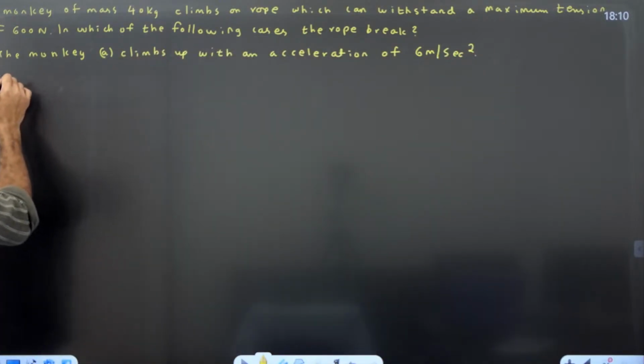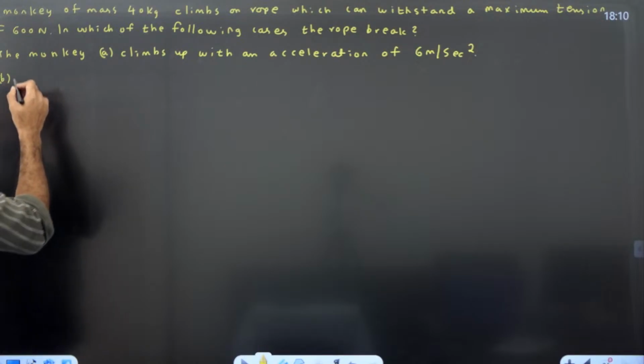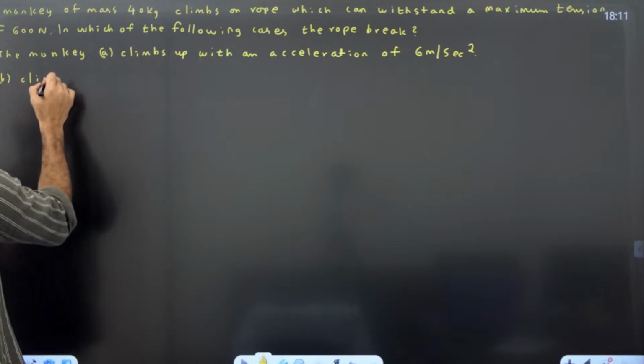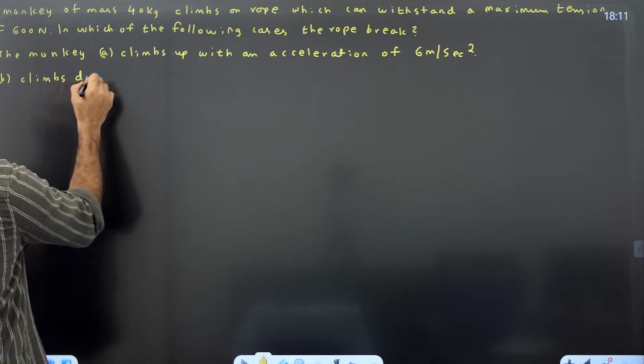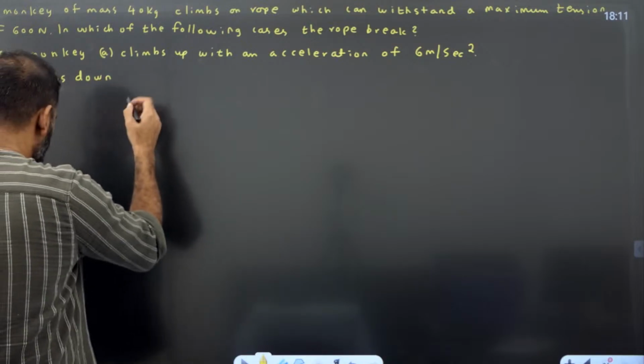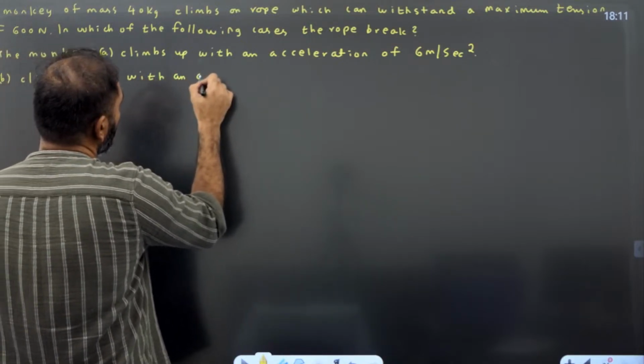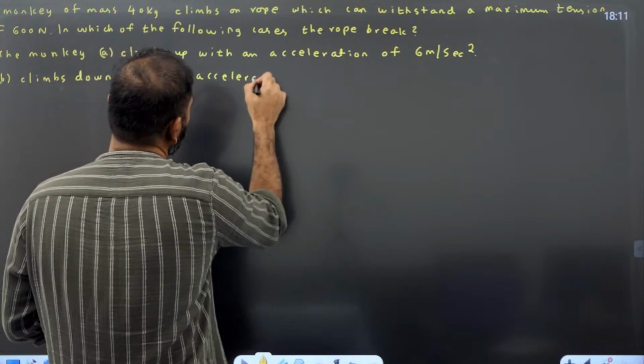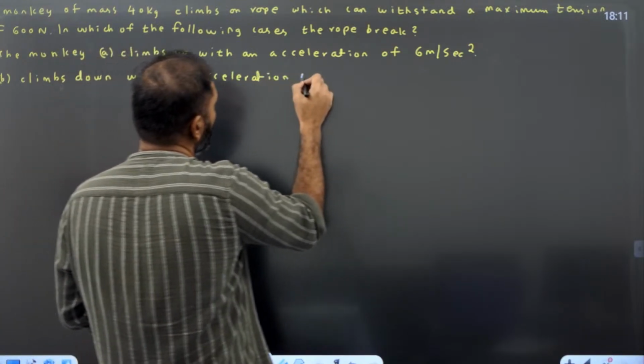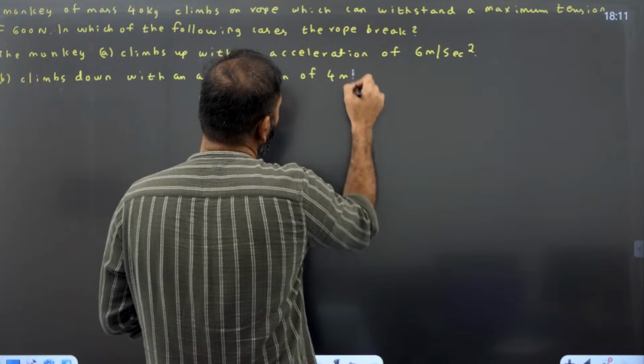Second is, the monkey climbs down with an acceleration of 4 meter per second square.